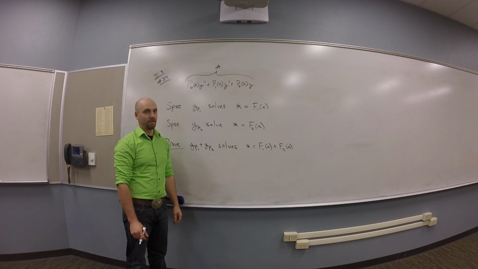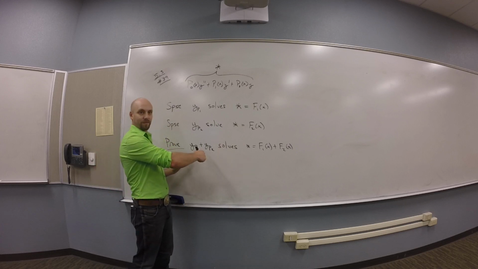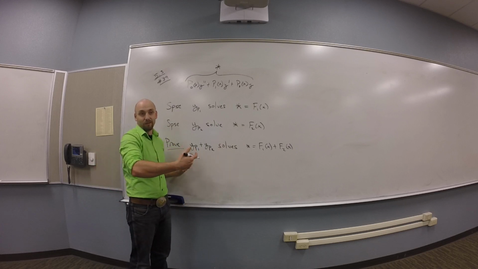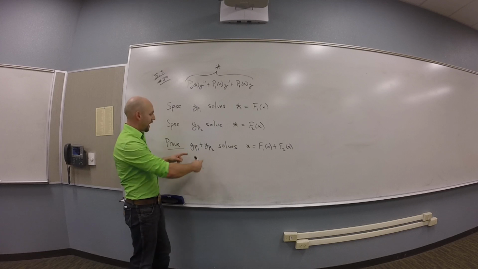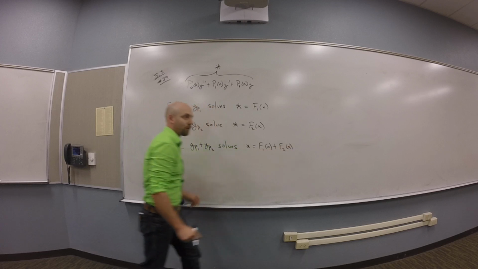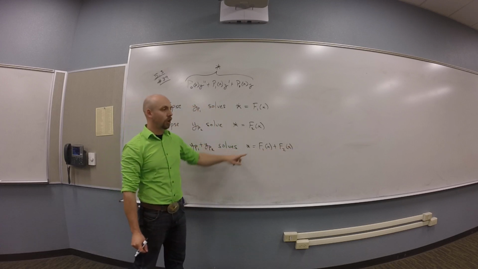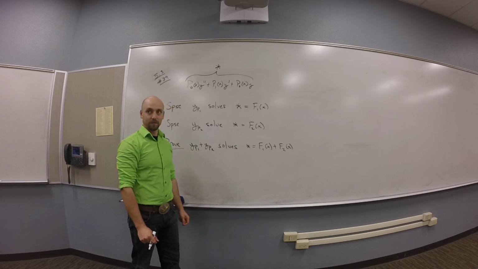I mean, if you can get to 0 equals 0. Yeah, I basically need to start with something. In this case, I have something that I think is a solution to star equals f1 plus f2, so why don't I start with that thing in star and see where I can get. You guys cool with that?